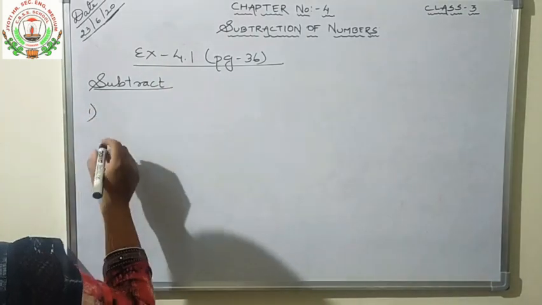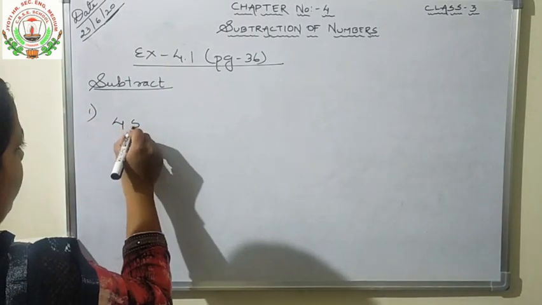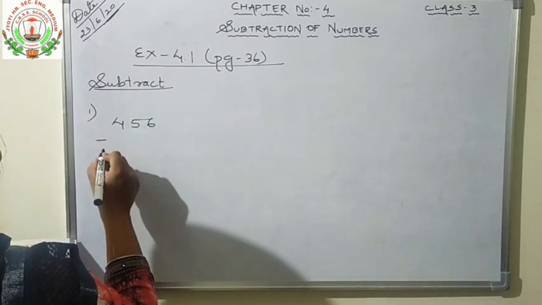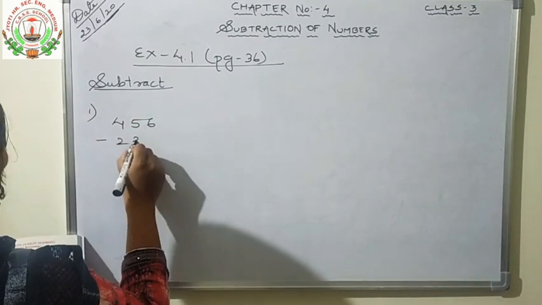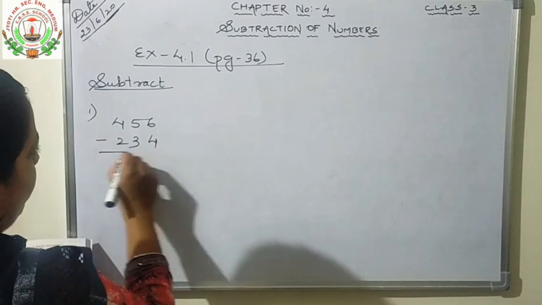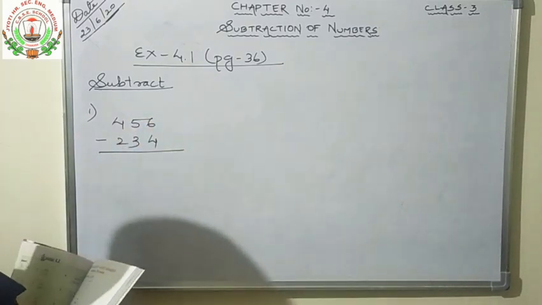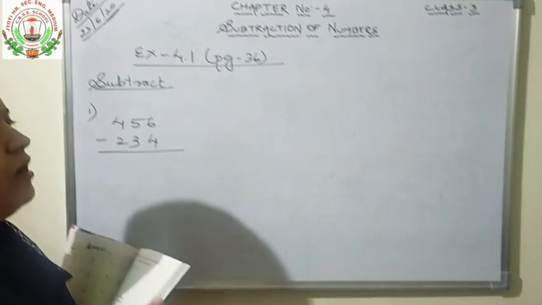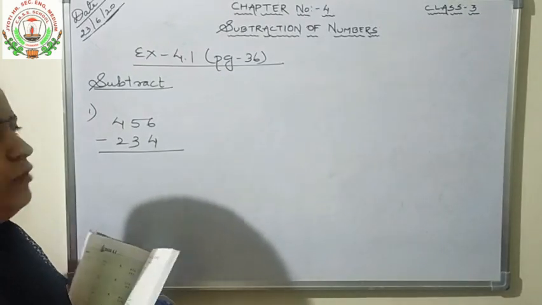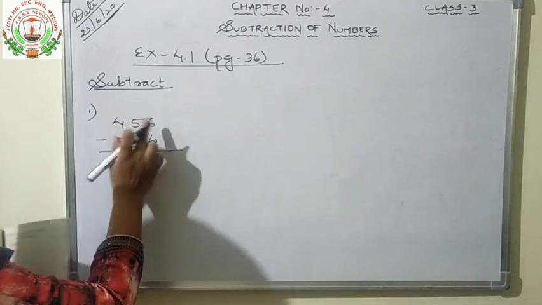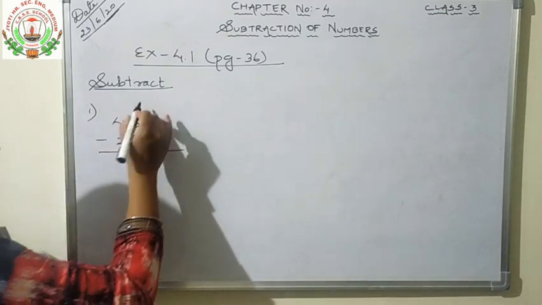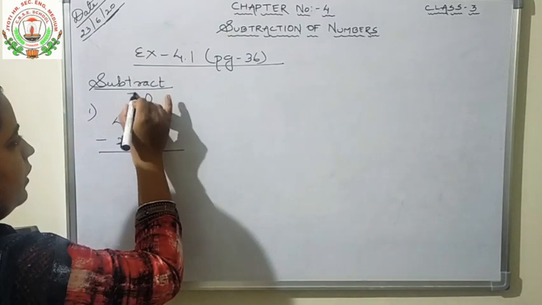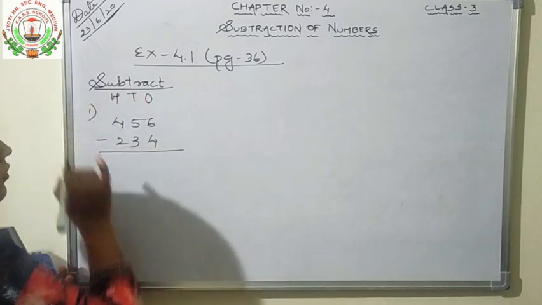Number 1 is 456 minus 234. One thing you should always remember while solving addition or subtraction: first we will write the place value of the numbers: ones, tens, hundreds.